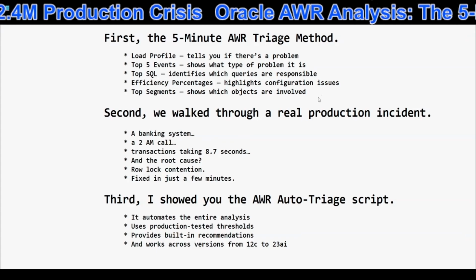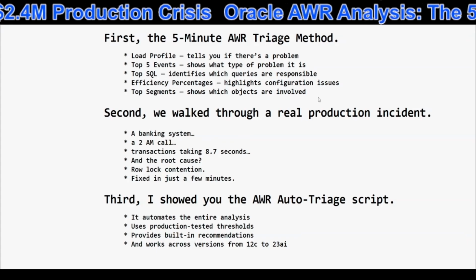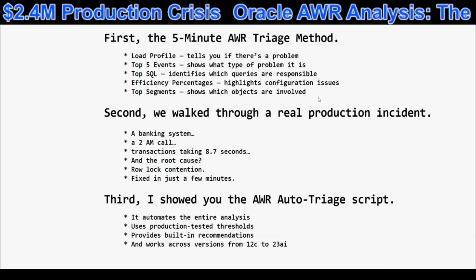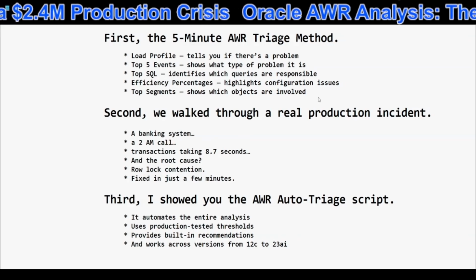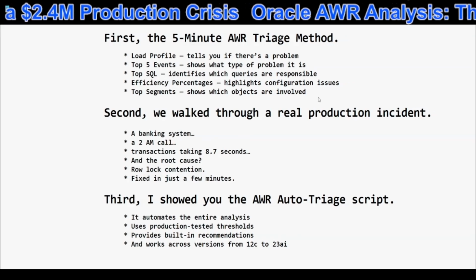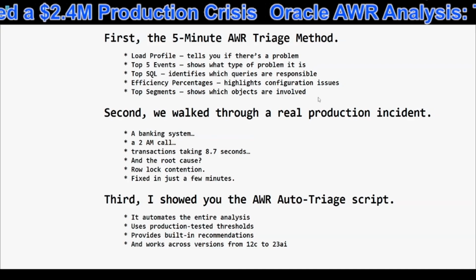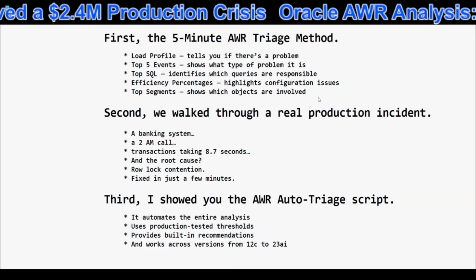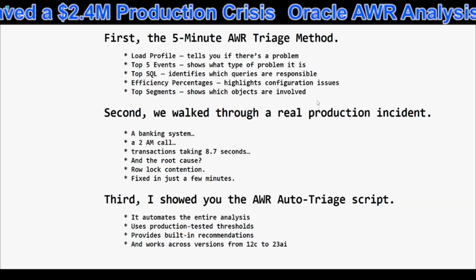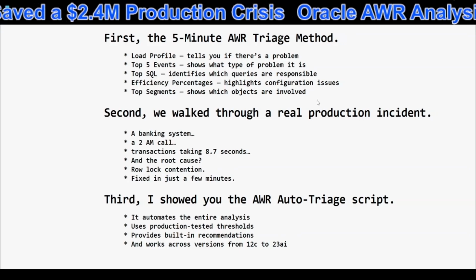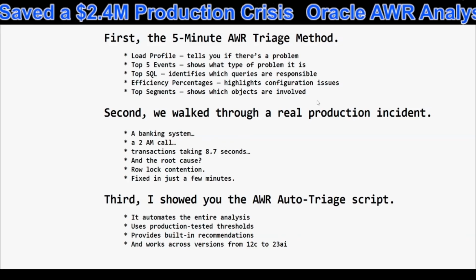Third, I showed you the AWR Auto-Triage script. It automates the entire analysis, uses production tested thresholds, provides built-in recommendations, and works across versions from 12c to 23 AI.